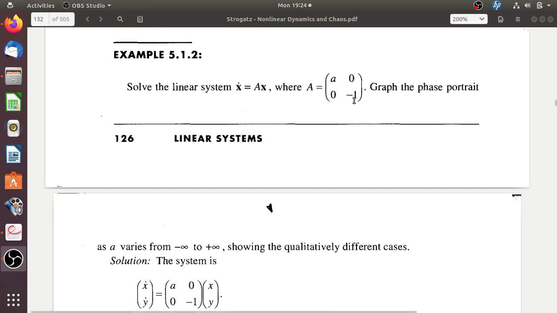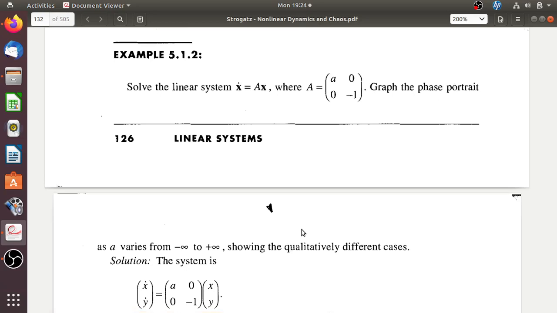Now the question is, what is the phase portrait for different A values? A can vary from -infinity to infinity, and for these different values of A, how is the phase portrait going to look? That's what we are going to see.